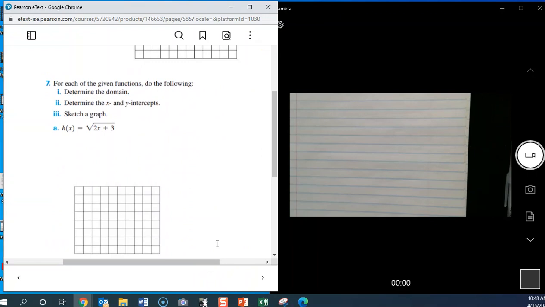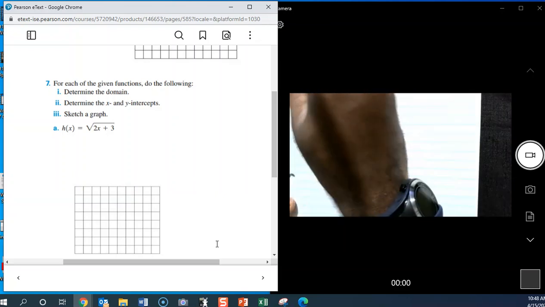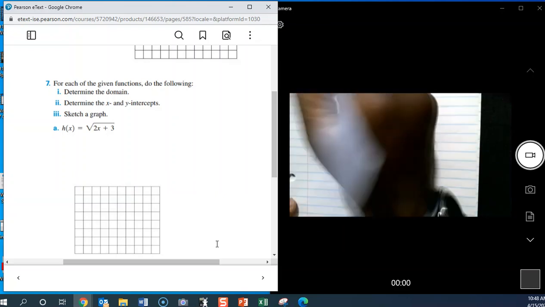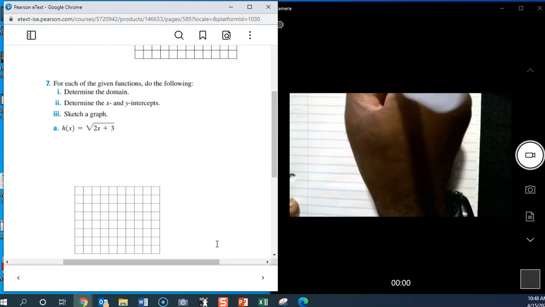Determine the domain, determine the x and y intercept, and then sketch a graph. Okay, so the domain is basically telling us what x can and cannot equal. So that's what we're going to start off with. So basically, we know we do not want any imaginary numbers. So we have h of x is equal to the square root of 2x plus 3.